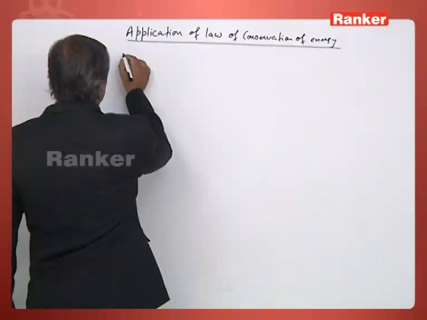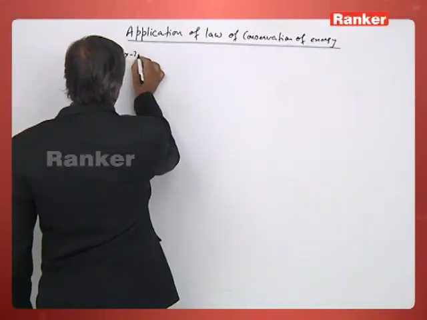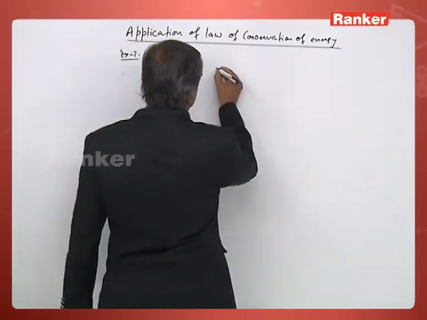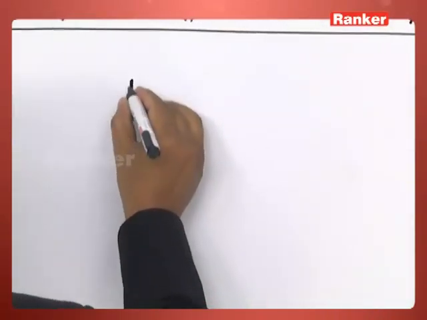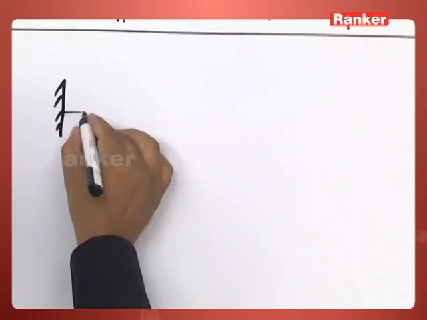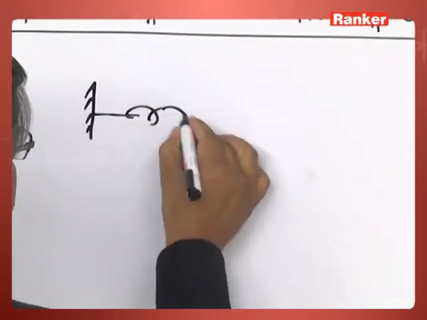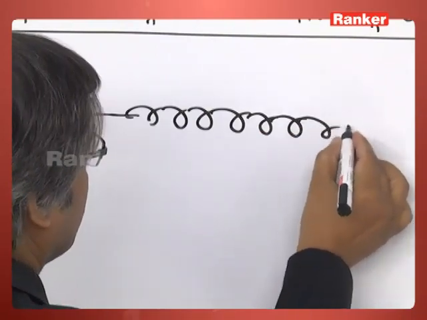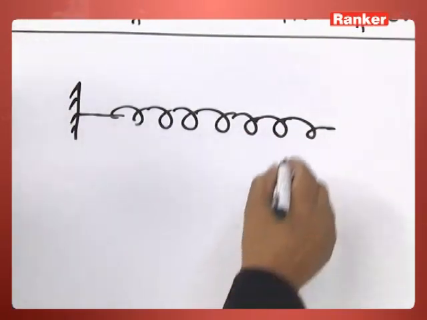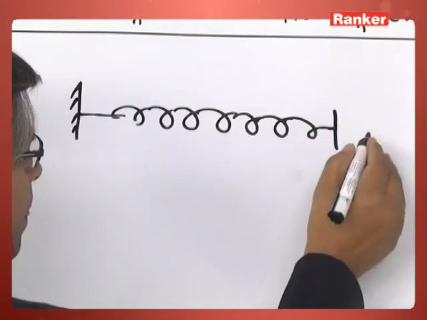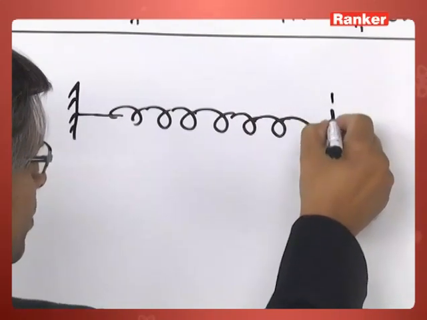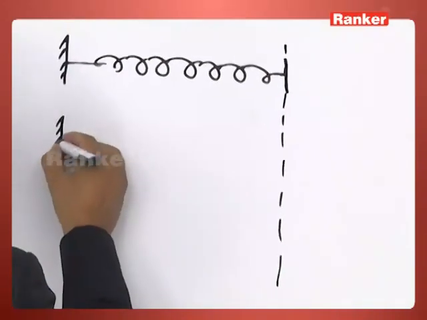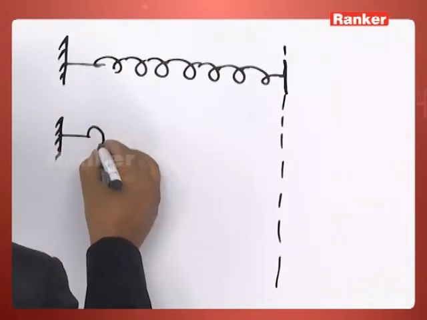Now let us take another example. Now we have a spring here, which is fixed. This is the natural position of the spring, and we have compressed it.